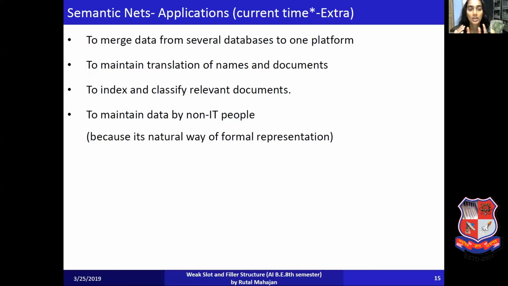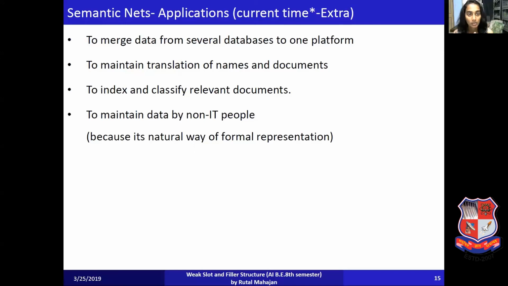Databases contain attribute value pairs. Semantic nets also have attribute value pairs as they are a kind of weak slot and filler structure. In translation of names and documents, it is again an attribute value pair. Index and classify relevant documents means index and document are related, so again it is an attribute value pair.